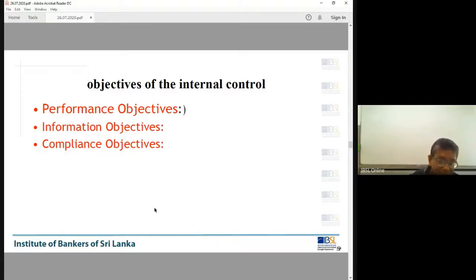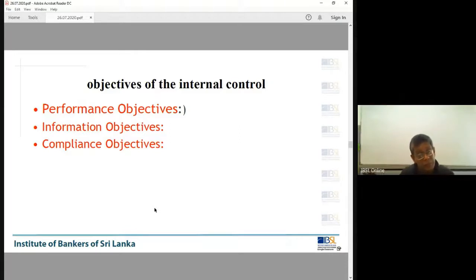So the first one is called performance objectives. Now, what do you mean by a performance objective? It ensures your assets are utilized efficiently and effectively, right? To achieve the performance objectives, your assets need to be utilized efficiently and effectively.